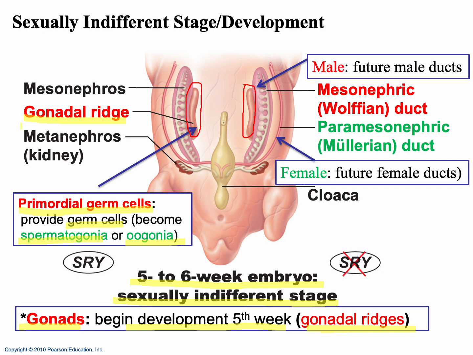Ultimately, the gonadal ridge, referring to gonads here, will develop into 2 possibilities. So this structure either can develop into the testes, or this structure will develop into the ovaries.